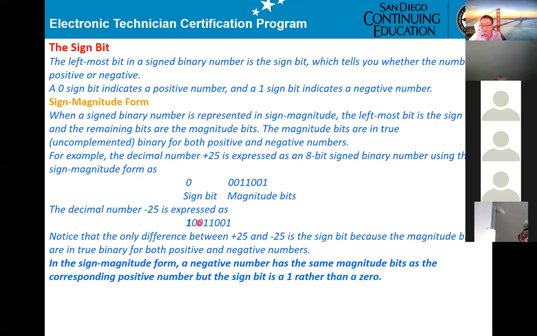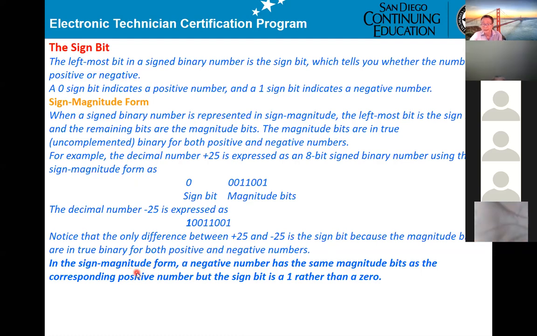If you do the calculation, this will be 25, and the number 1 tells you it will be negative 25. Notice that the only difference between plus 25 and minus 25 is the sign bit, because the magnitude bits are true binary for both positive and negative.